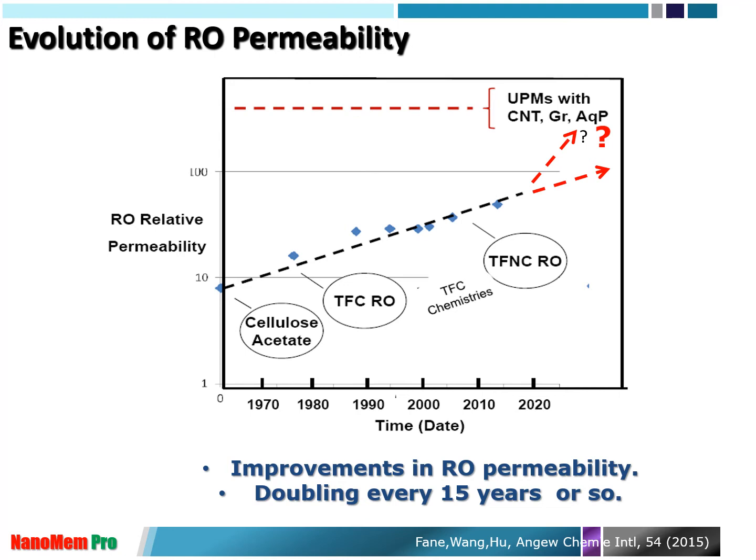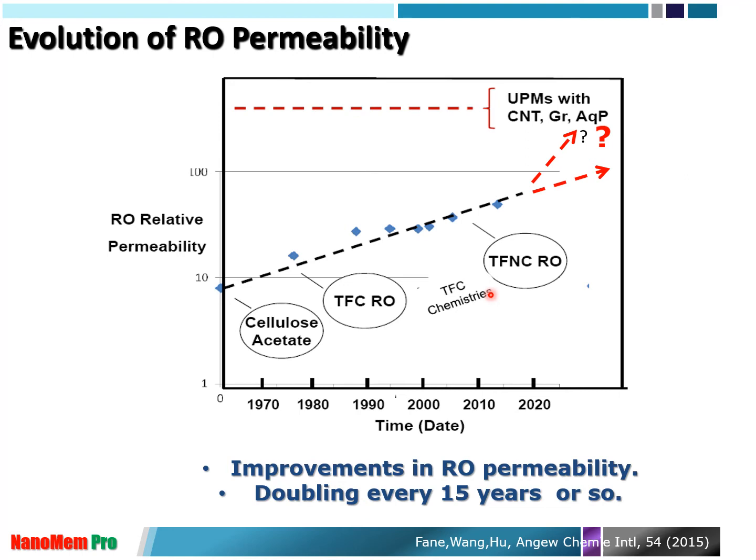The first generation of the RO membrane, in 1970, Sydney Loeb and Dow Chemical developed the thin film composite polyamide reverse osmosis membrane, which improved water permeability a lot, and then the nanocomposite TFC reverse osmosis membrane was developed.